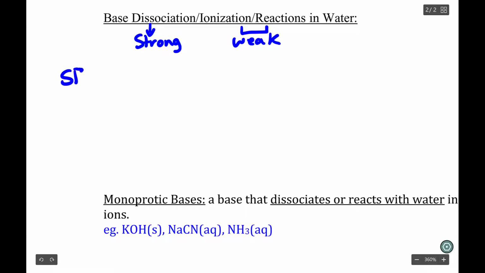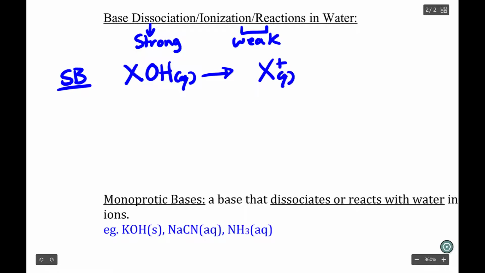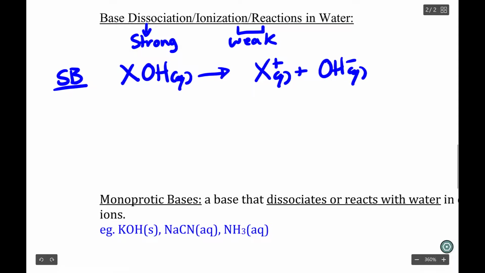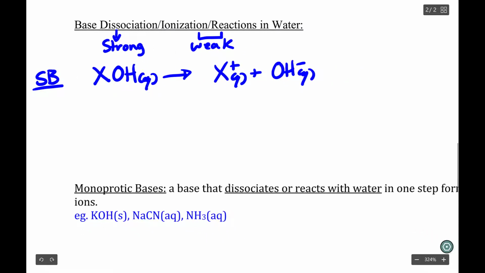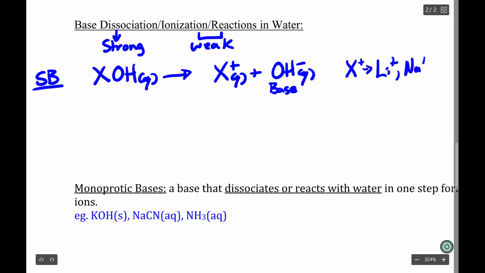For a strong base that dissociates, you're going to have some metal cation, group 1 usually, lithium, sodium, potassium, with hydroxide, and it's aqueous, and then it's simply going to turn into its cation, X plus, and hydroxide ion. This is a dissociation. It's not a reaction with water. It already contains the hydroxide ion, which is base. And so really your X plus, you're looking at things like lithium, sodium, and potassium, most likely.